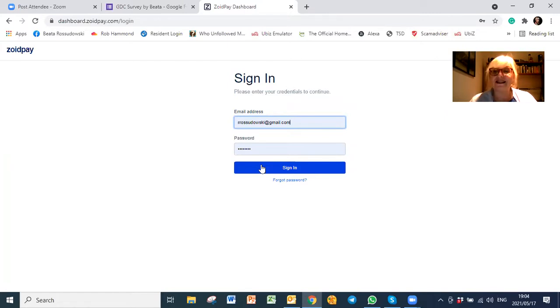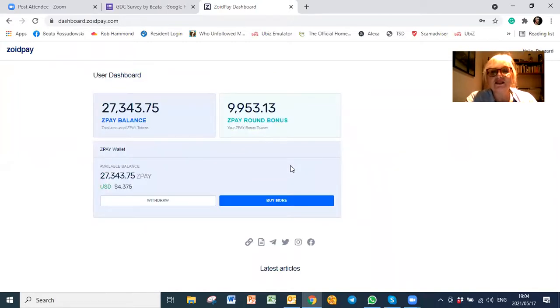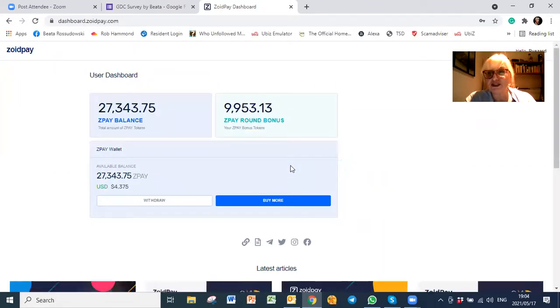Like I said, your current ZoidPay coins are being stored in your dashboard. To access it, go to ZoidPay.com and sign in. Please enter your email address and your password, and you will be logged in. Your dashboard should look as follows.